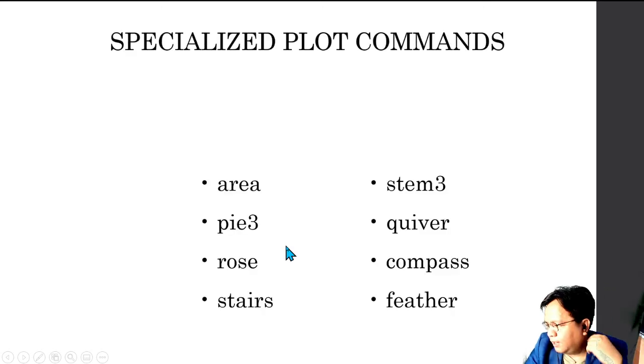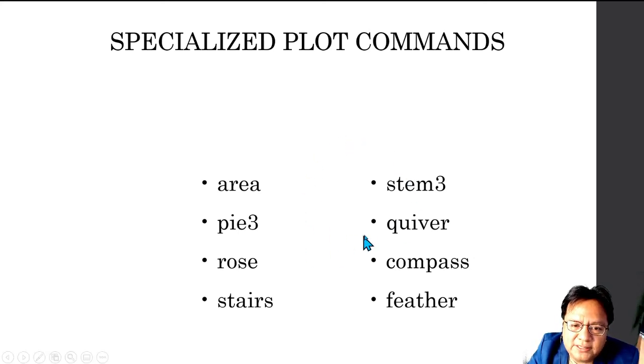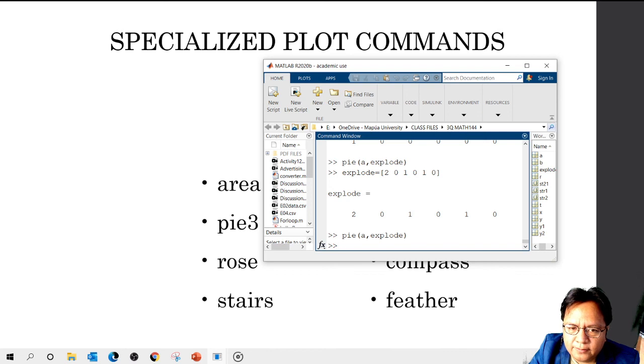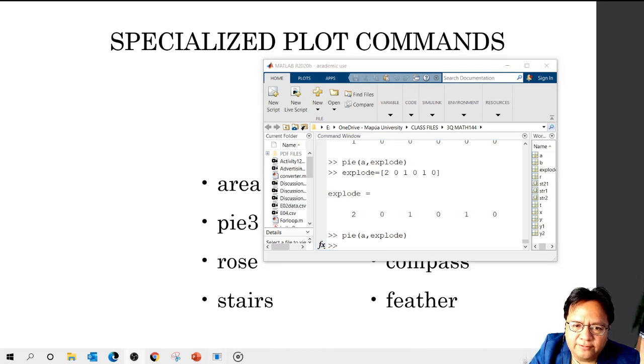So I want you to explore on the different plotting commands in statistics. So you can have an area, a pie, a rows, stairs, stem, quiver, compass, and feather. So for this one, I think we can use the data A. So you can have an area chart.